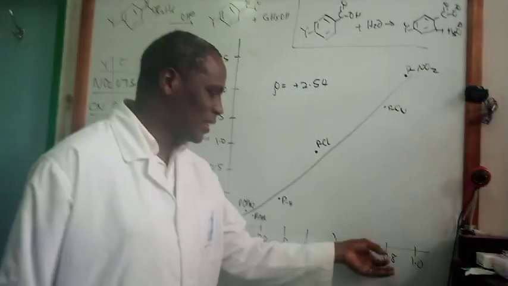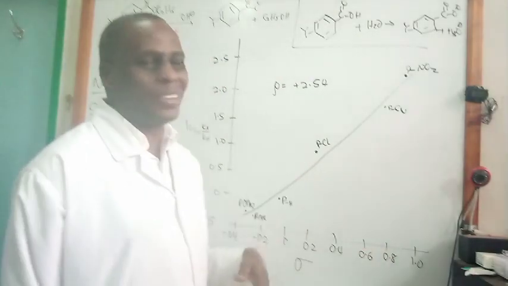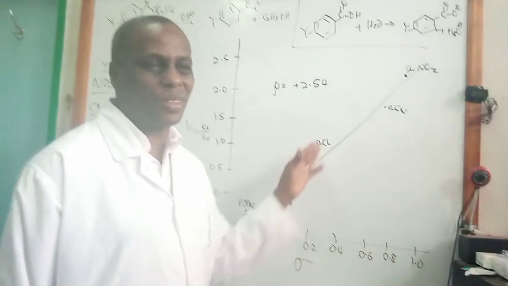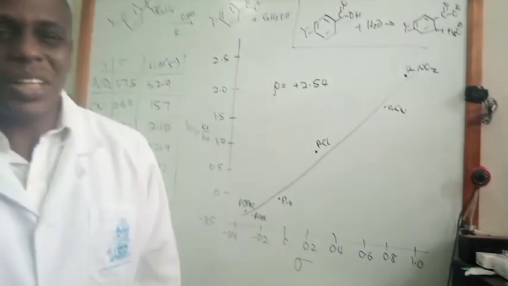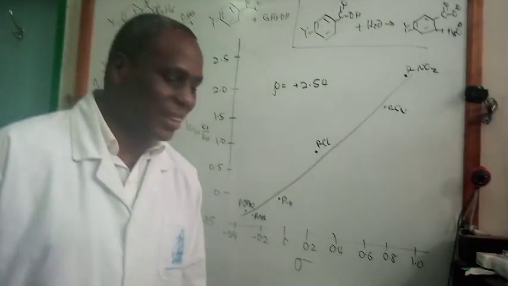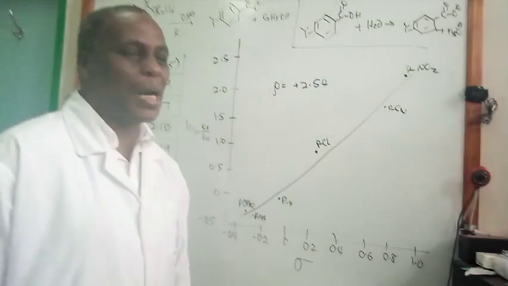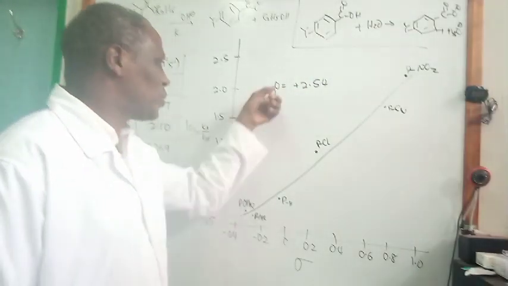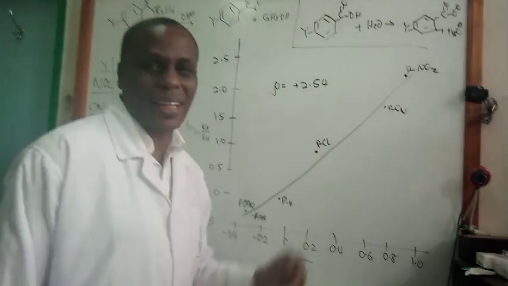The sigma value just tells us how the electron density is around the reaction center, that there are groups which are increasing the electron density and some which are decreasing electron density. But in a short while, we'll see what the overall gradient, which is called the rho, is going to tell us about the mechanism.